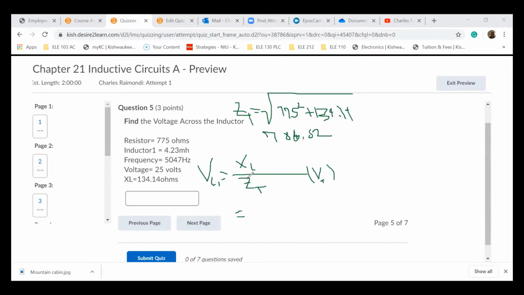This actually reduces one step, because otherwise we would have to find I total and then find VL1. So X sub L is 134. I got 4.26. That's about right, 4.26.